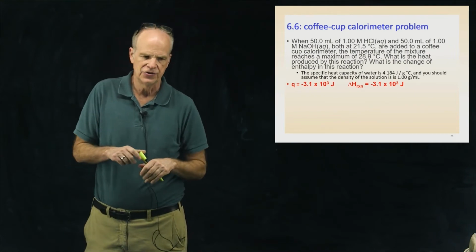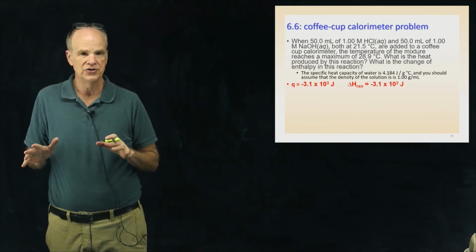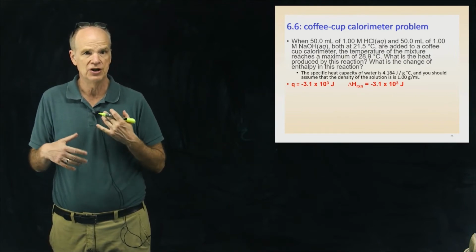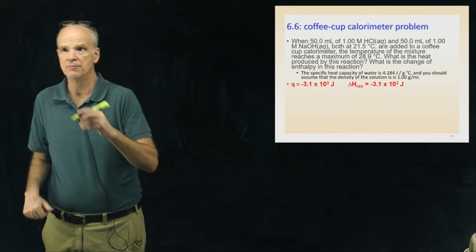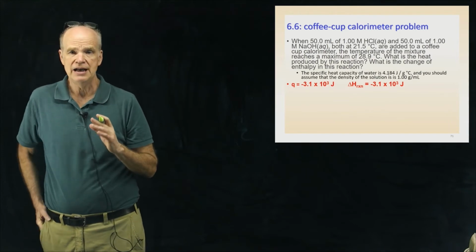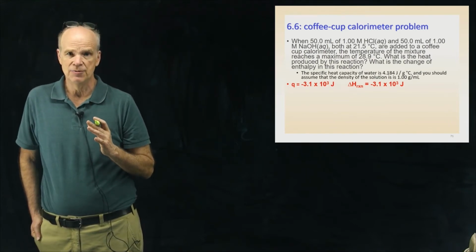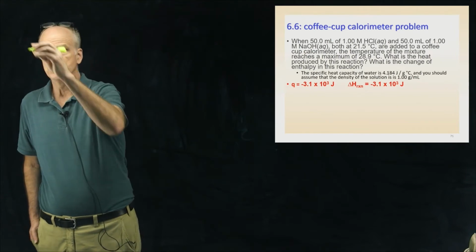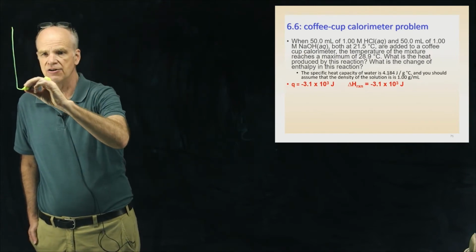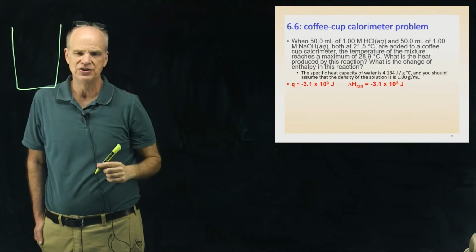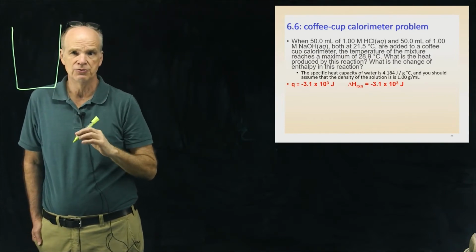Okay, so I think what I want to do first is to draw a little picture that describes the problem. That will help me figure out how I'm going to solve the problem. So we have solutions in a constant pressure calorimeter, which could be a coffee cup calorimeter. So here is my coffee cup calorimeter, such as it is. I'm just going to leave out the lid and all the other details and just mention what the reactants are.